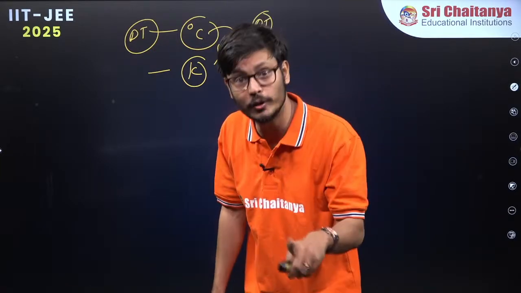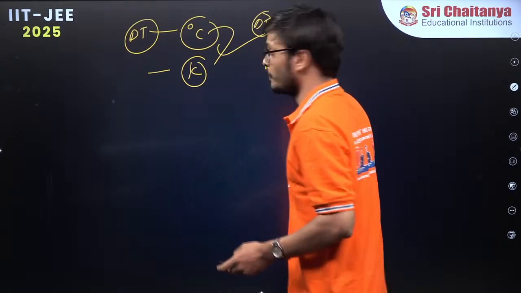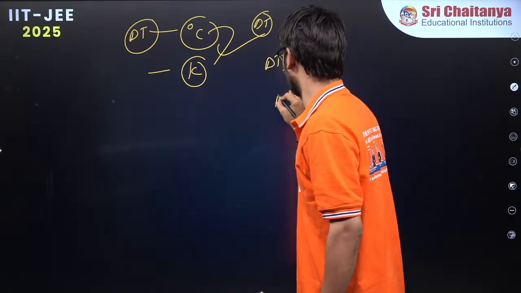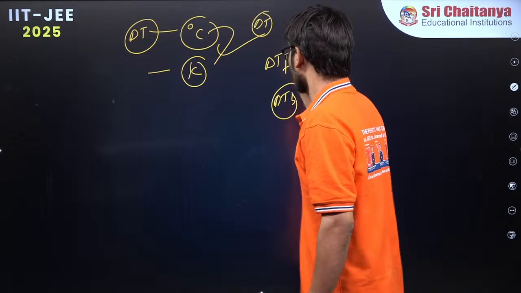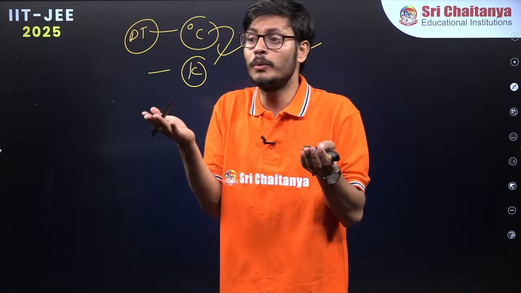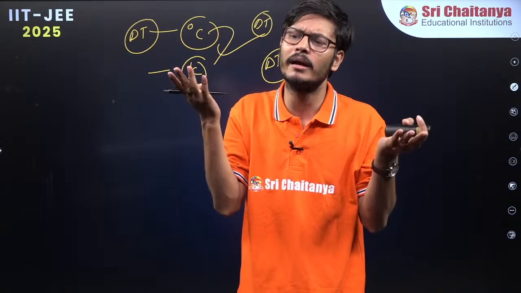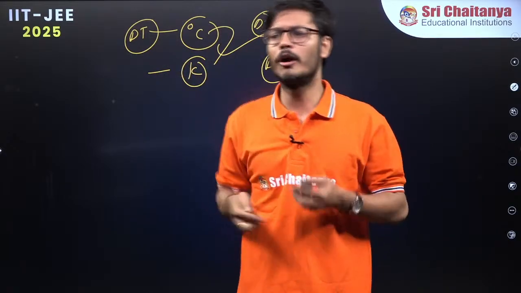You'll see there is a chapter in solutions where you study depression in freezing point and elevation in boiling point. There you measure the change in temperature. Most students convert degrees Celsius into Kelvin. Why would you do that? The change will be the same.